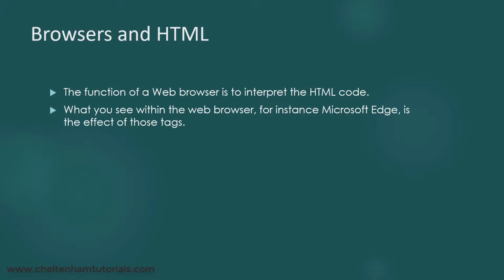Examples of browsers would be Microsoft Explorer, Microsoft Edge, Chrome, Opera, Safari. There's lots of different browsers. They all work in a slightly different way, but their function is to interpret the HTML code and display the results of that code on the screen.